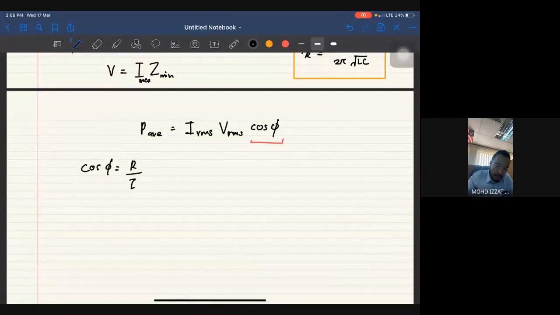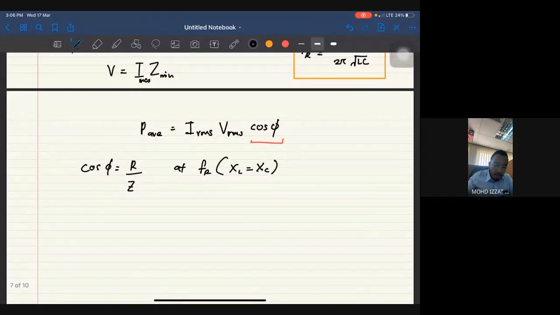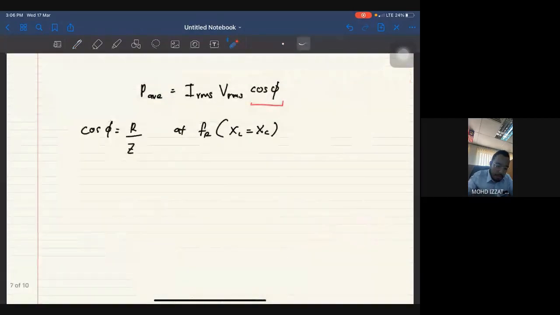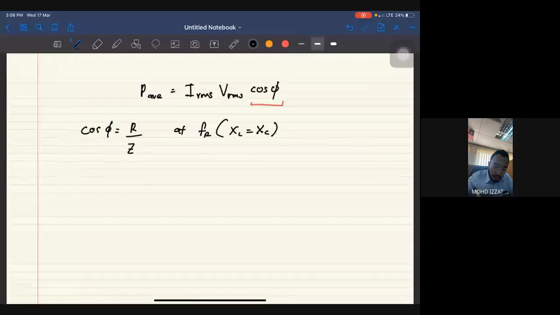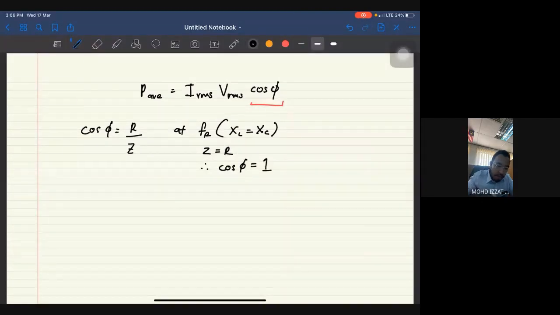This is already well known. But at resonant frequency, or when XL equals XC, go back to this graph, you will see that here Z is equal to R. So Z is equal to R. Therefore, your cos phi becomes 1. Okay.